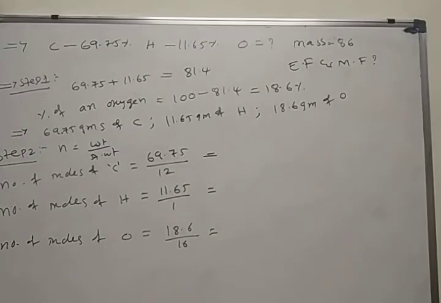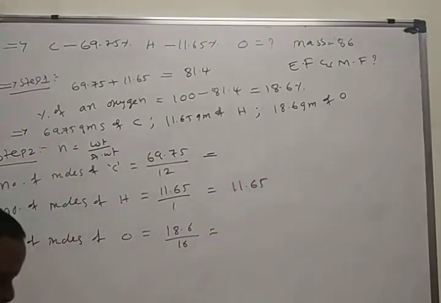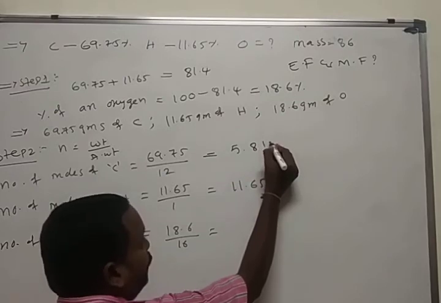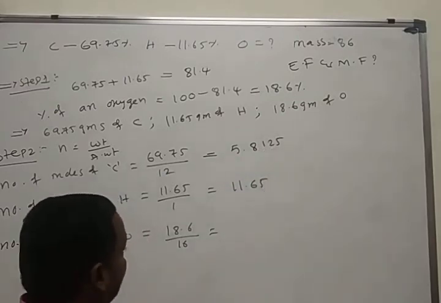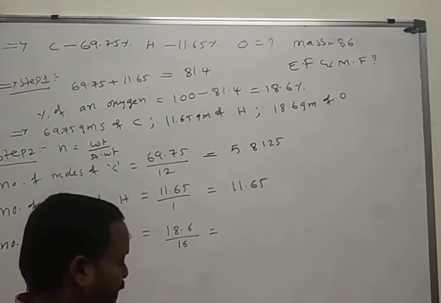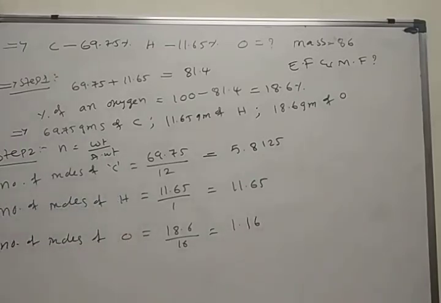Carbon: 69.75 divided by 12, we get 5.8125. Oxygen: 18.6 divided by 16, we get 1.16. This is the second step.